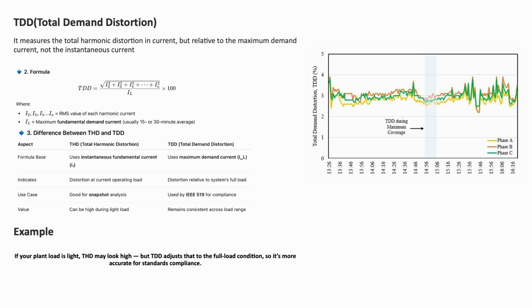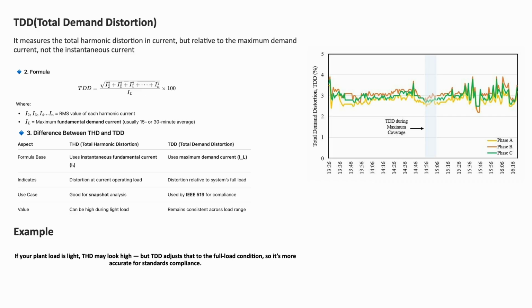So now let's understand another related term, TDD or total demand distortion. While THD measures distortion with respect to the instantaneous current, TDD measures it relative to the maximum demand current. This makes TDD a better indicator in systems where load varies throughout the day.